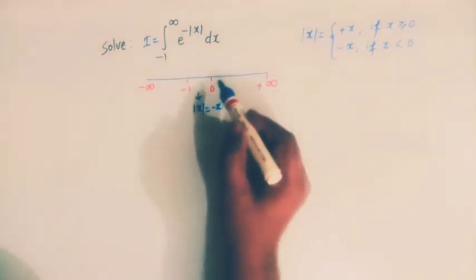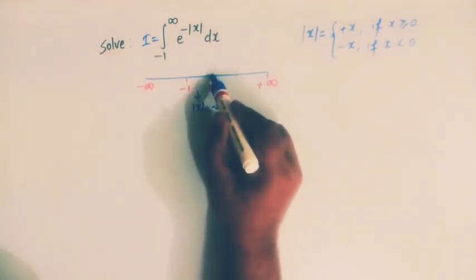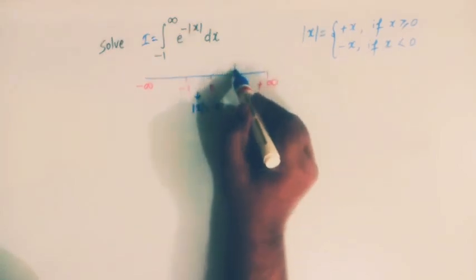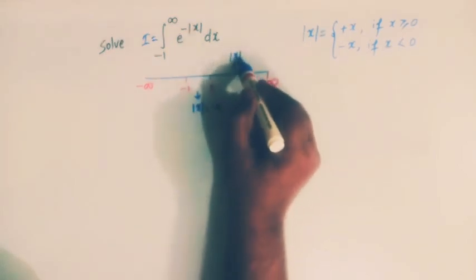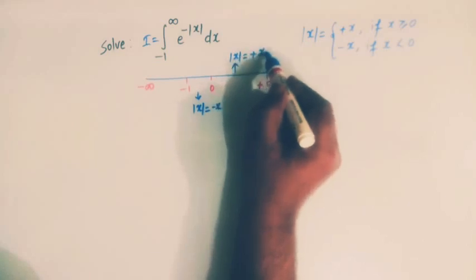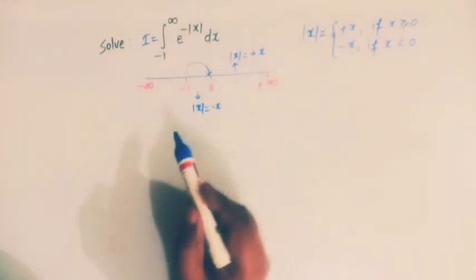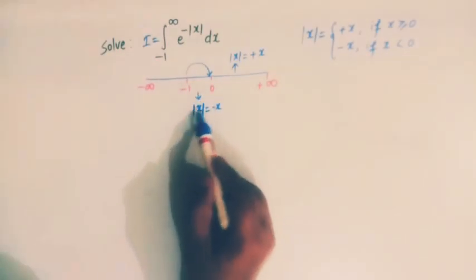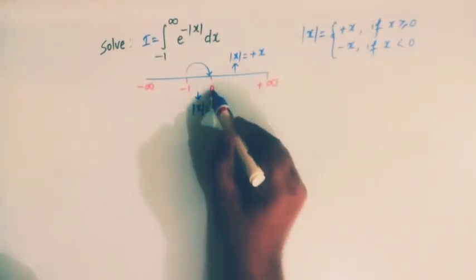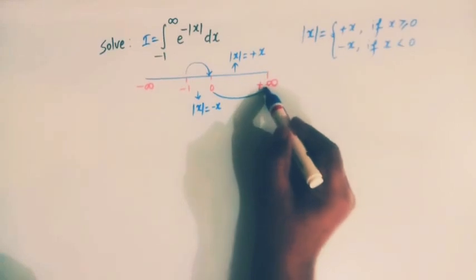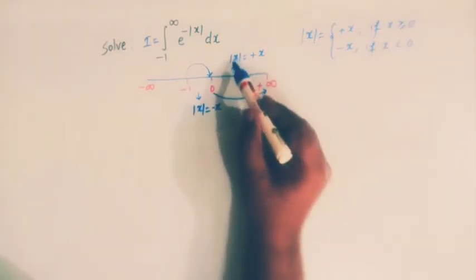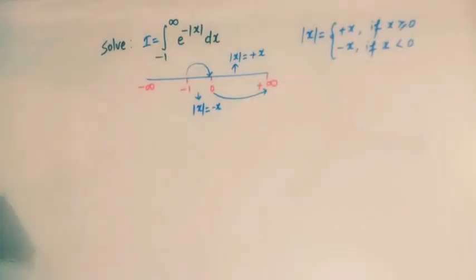And when we take the interval from 0 to infinity, then mod of x is equal to plus x. So when we go from -1 to 0, mod x equals minus x, and when we go from 0 to plus infinity, mod of x equals plus x.